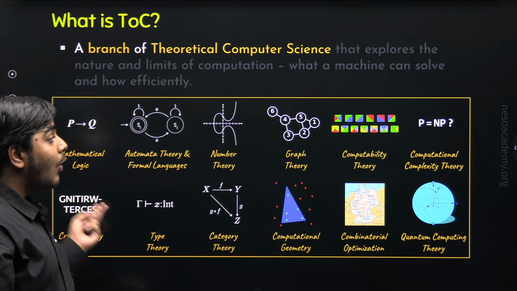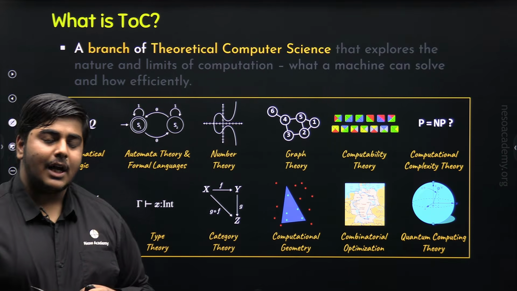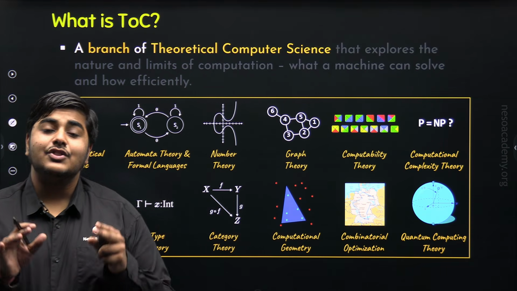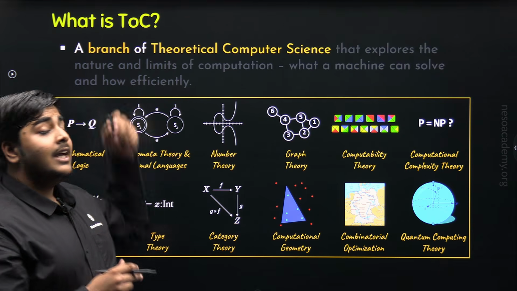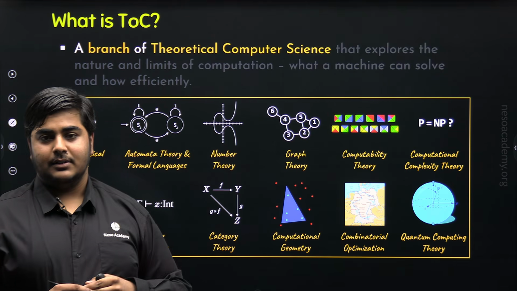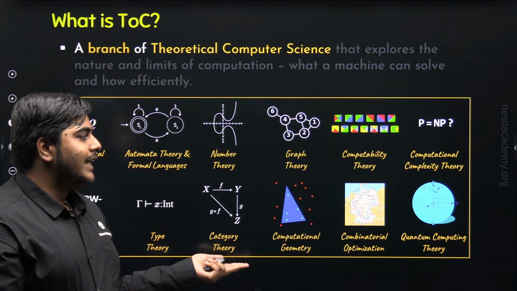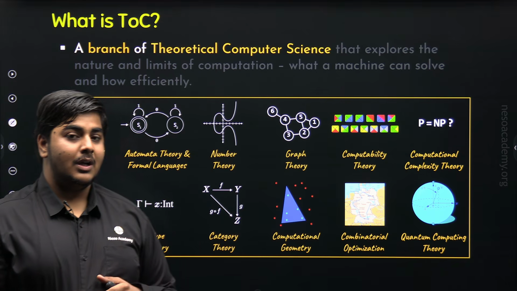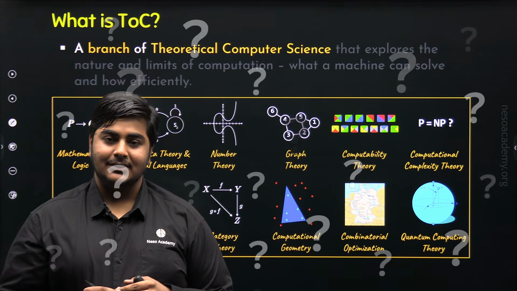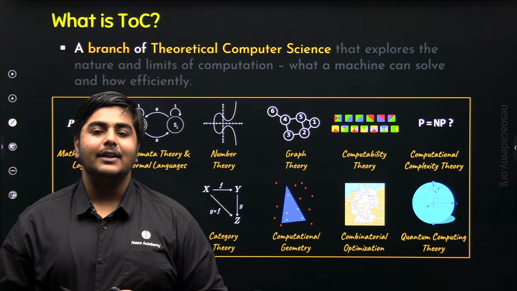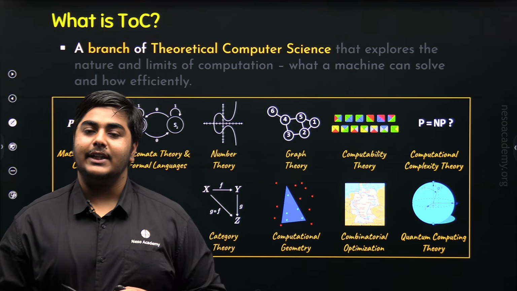So these are all the subjects that come under theoretical computer science. And we have just seen that TOC is also one of the parts of theoretical computer science. But do you see TOC in this list of subjects? No. But why? We will come back to this question once we completely understand the definition of TOC.